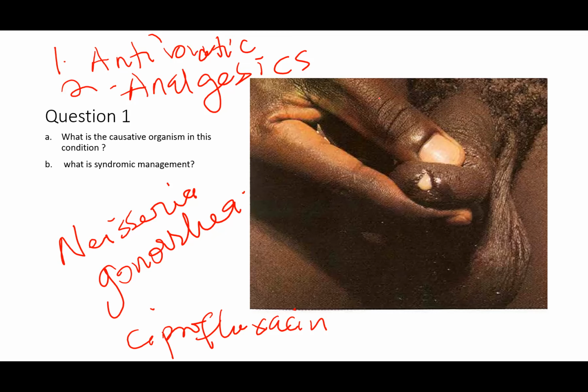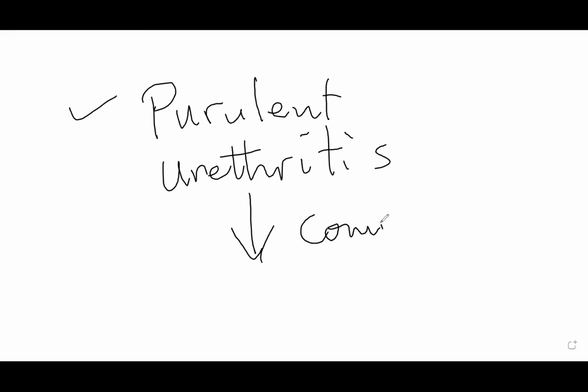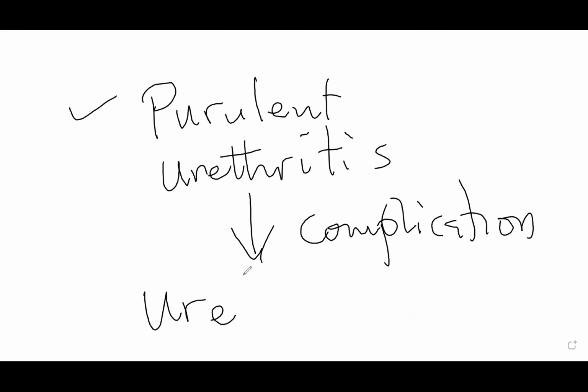Now, what are the complications that can arise from this? You should know that a patient presenting with purulent discharge, this is called purulent urethritis. They tend to develop a complication, urethral stricture.